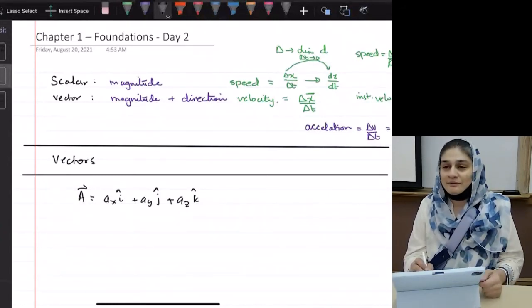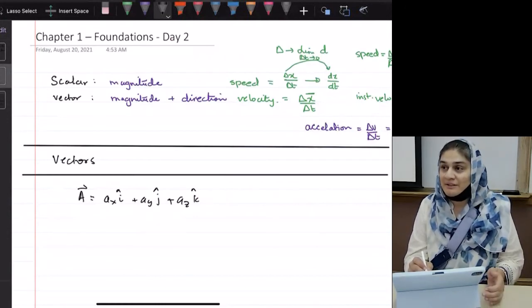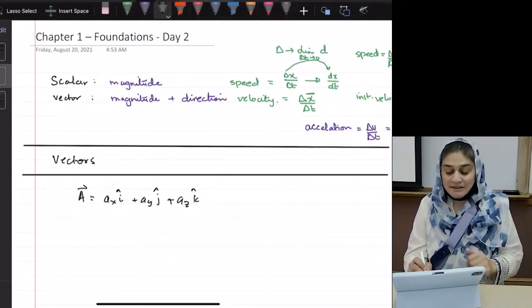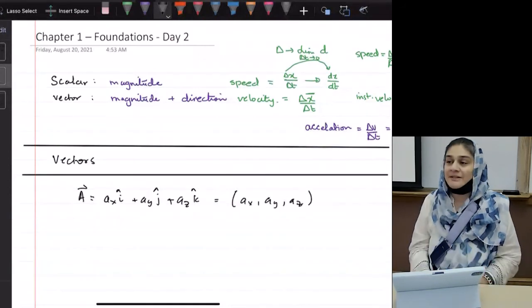What do they tell you? What directions? A x, y, z. Good. What does the i unit vector represent? What does the j unit vector represent? And what does the k unit vector represent? Okay, excellent. This can also be written as A x, A y, A z with curly brackets.